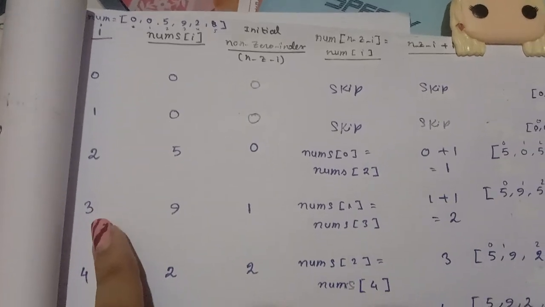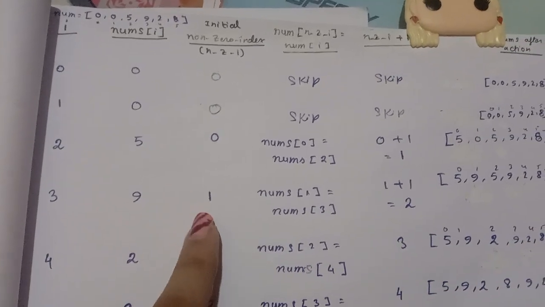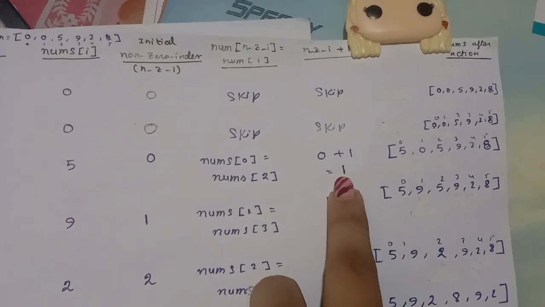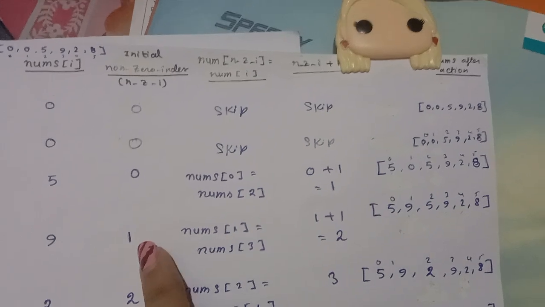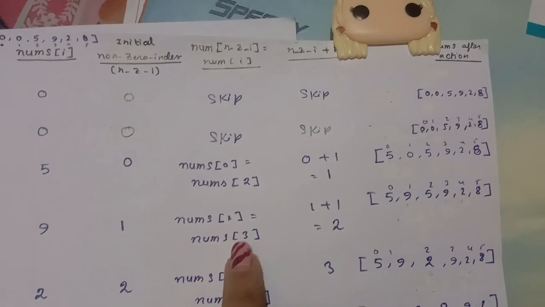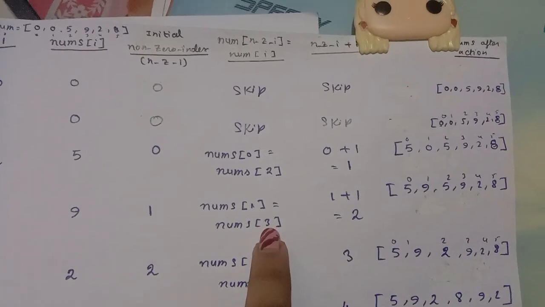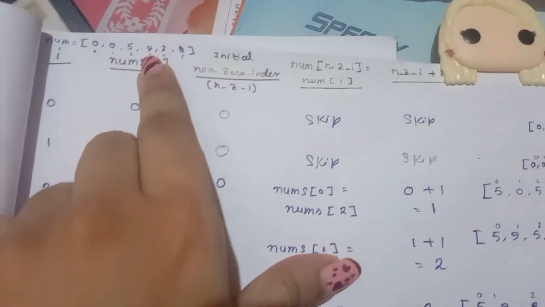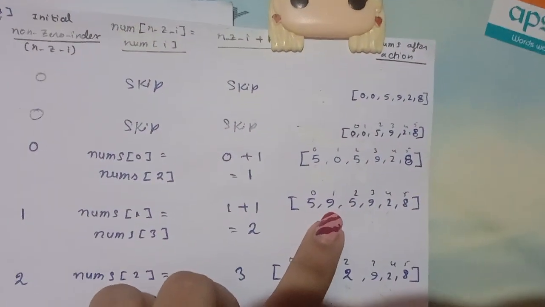In the third iteration also it is a non-zero element, and currently the non-zero index is 1 because of the increment that happened here. Now the non-zero index is 1 and i is 3, so nums[3] is 9. We put 9 in the first position.